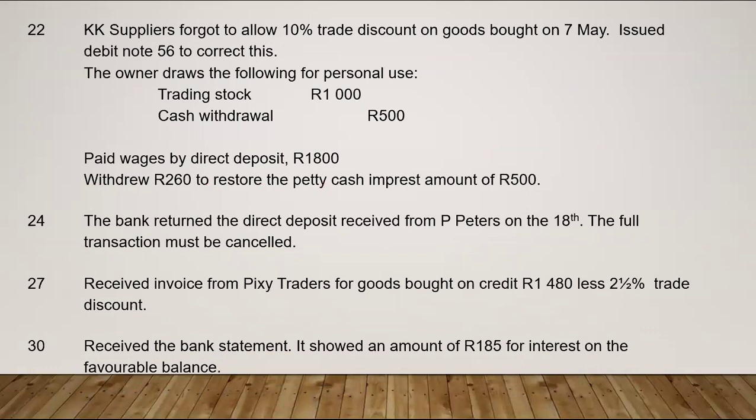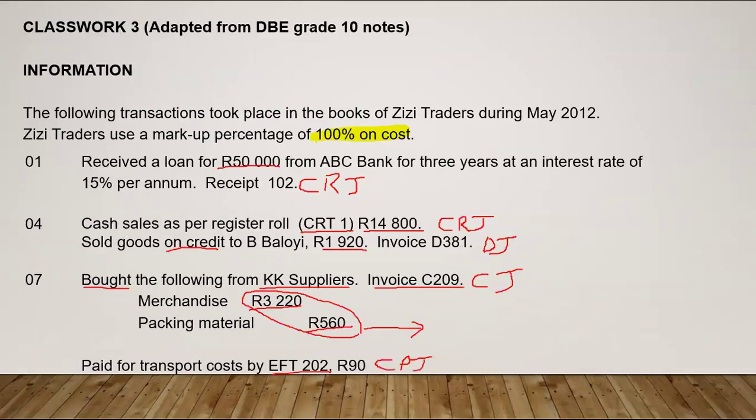On the 22nd, it says KK suppliers forgot to allow a trade discount on goods bought on the 7th of May. Issued debit note 57 to correct this. First of all, I need to check what was bought on the 7th of May. Oh, we bought packing material as well as merchandise, but they forgot to give us a discount.